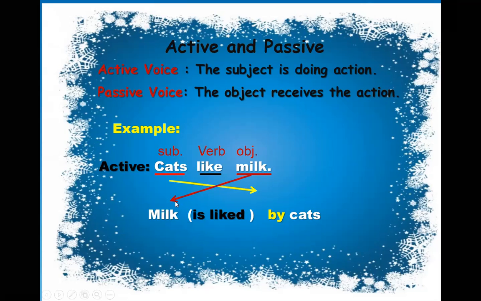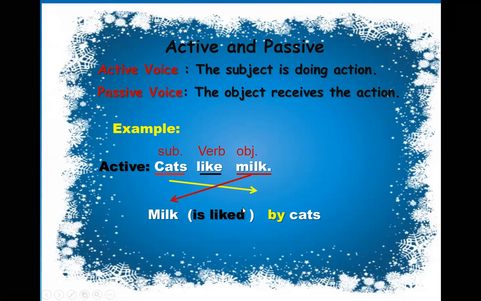So we changed the place of the object and started with it, and then we put the subject at the end of the sentence. Why? Because it's not important or it's already known. Okay? So milk is liked by cats.